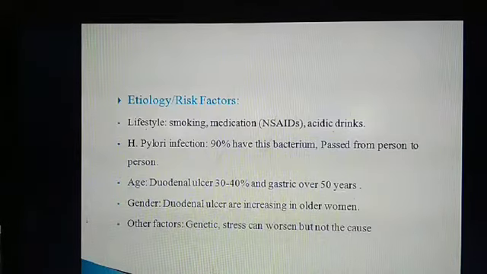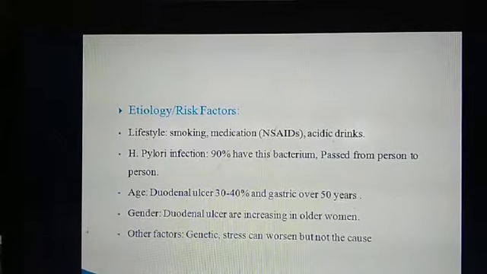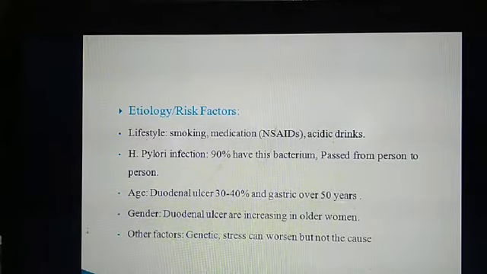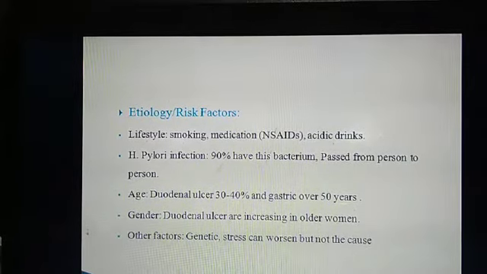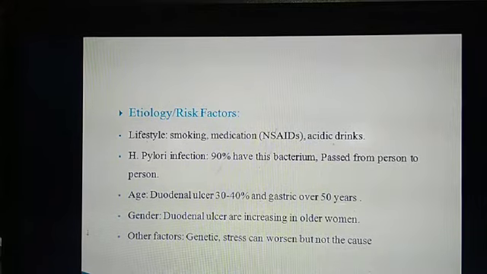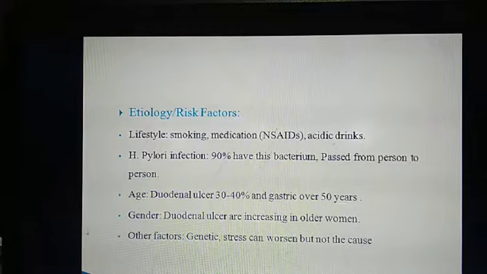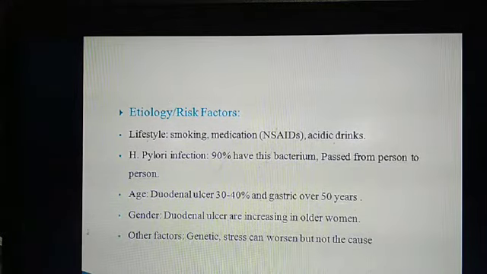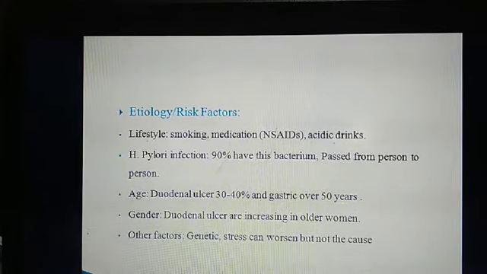Then we will see the etiology and risk factors of peptic ulcer. Etiology, generally like lifestyle. People who are habituated to smoking, then medication with NSAIDs, then acidic drinks, alcoholism.